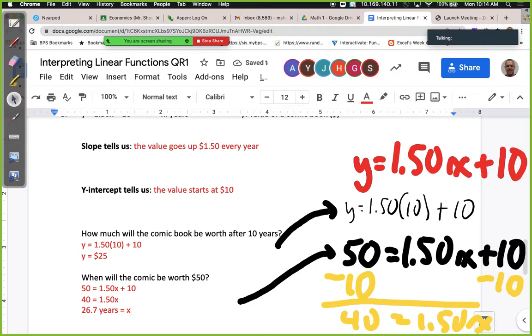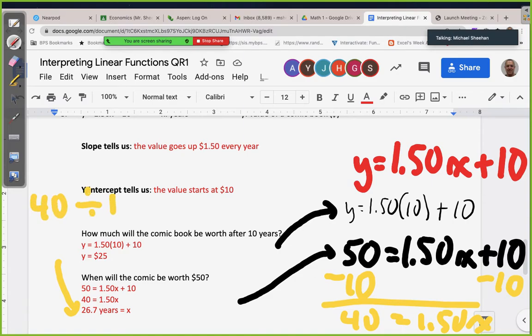All right, and again, the way I got that 26.7 is I did 40 divided by 1.50.